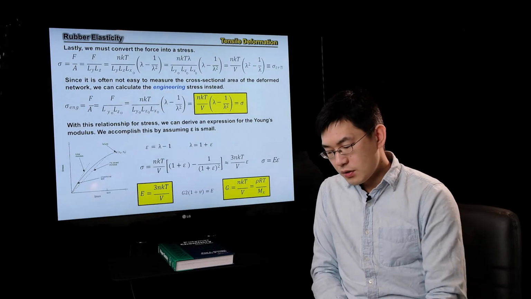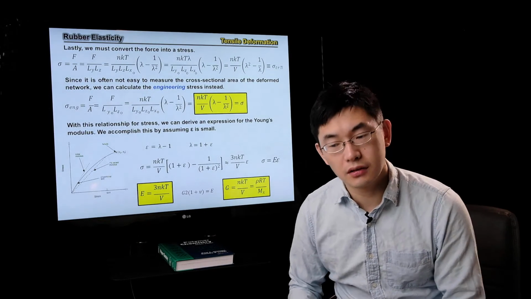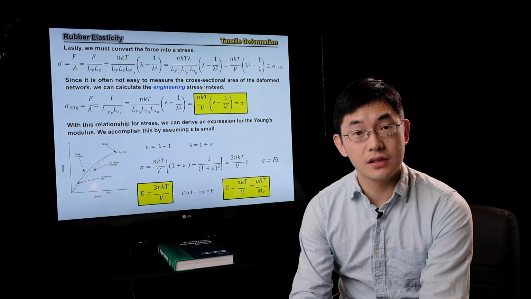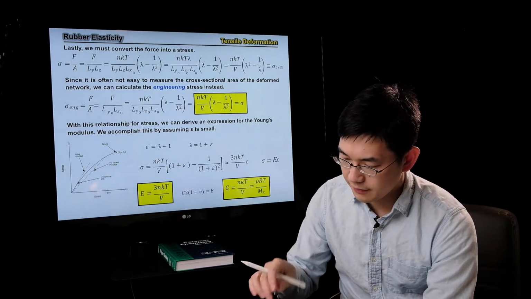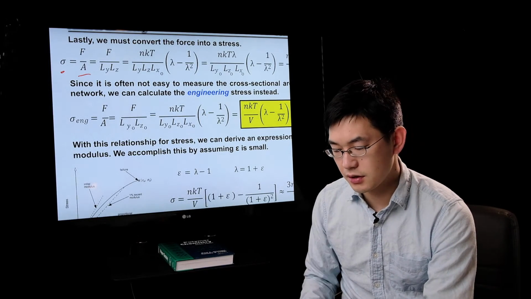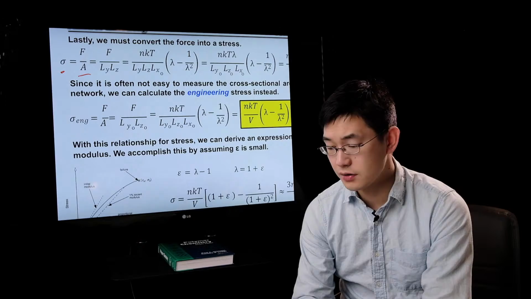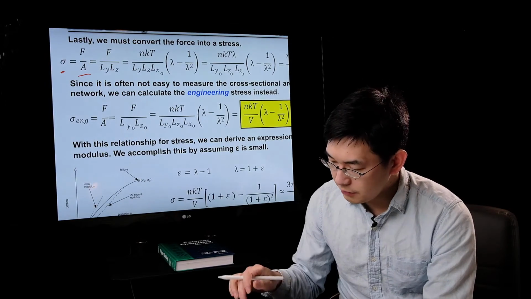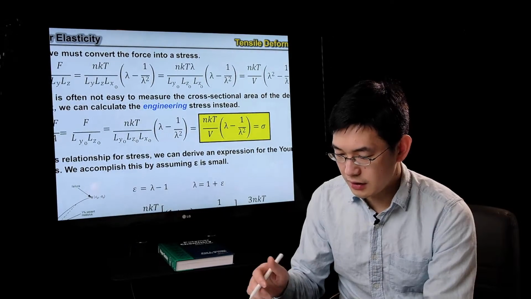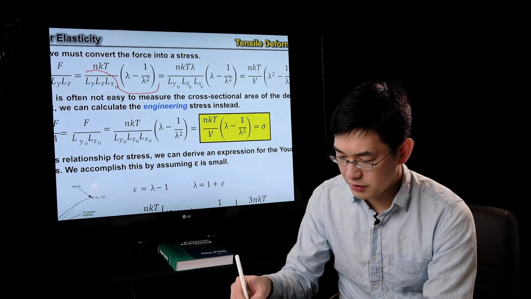There's one more thing I'm going to cover in this particular part, where now you can also discuss the value of the stress. Stress is basically force divided by area, so you can calculate what the force is. I won't go into too much detail. Again, this is where your original force is.